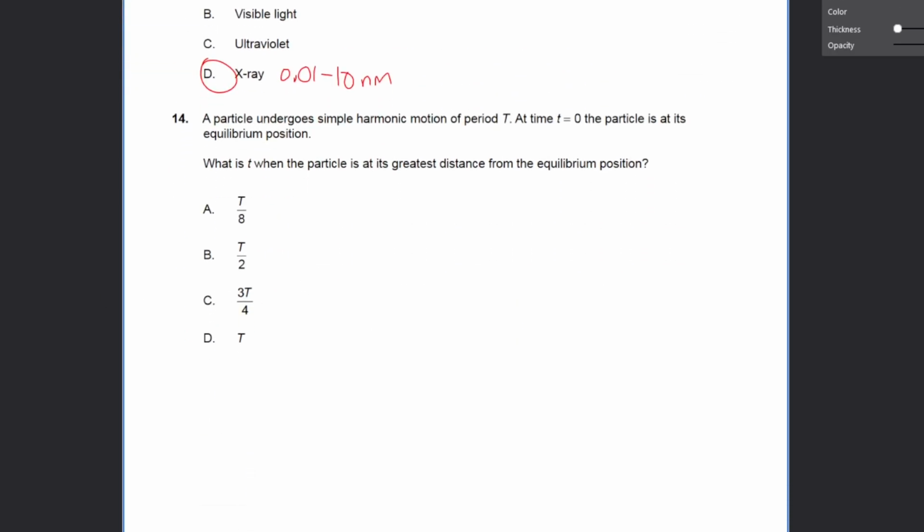All right, question 14. A particle undergoes simple harmonic motion of period t. At time t equals 0, the particle is at its equilibrium position. What is t when the particle is at its greatest distance from the equilibrium position? So greatest distance from the equilibrium position, that is amplitude.